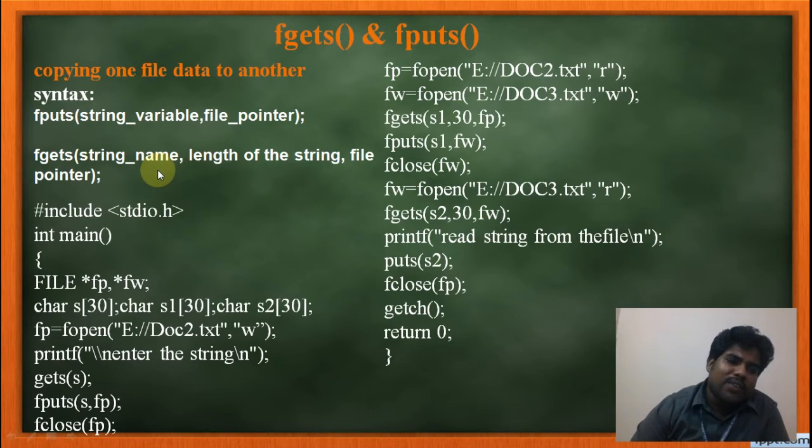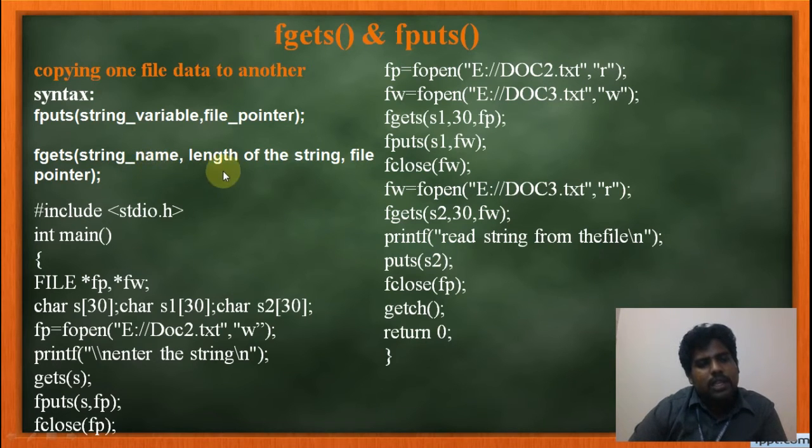You are retrieving the data from the file and storing it inside that variable. Then the length: for example, inside the file nearly 100 words are there. From the 100 words, how many do I need? I need 20 characters, I need 50 characters, like that the length should be specified. Then the file pointer, which file, should be specified here.